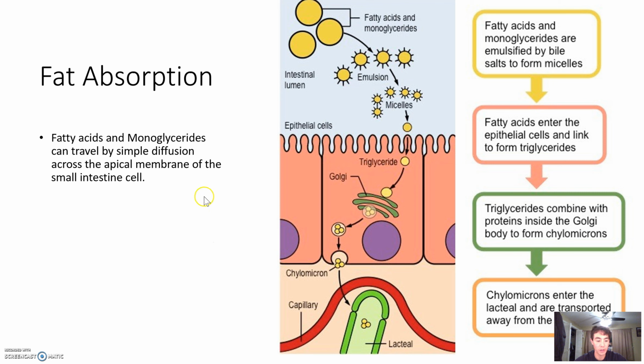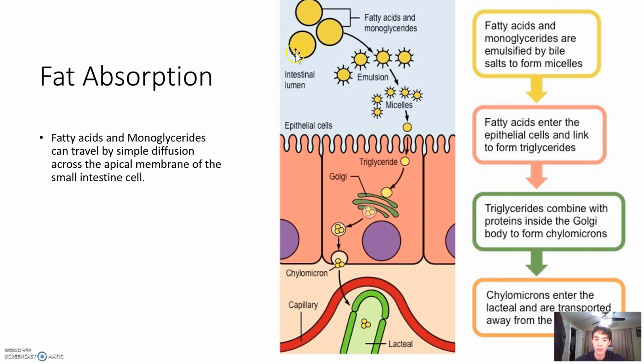This diagram over here illustrates how fatty acids and monoglycerides are packaged into micelles, and then they are released and absorbed into the membrane of the small intestine cell, and then the processes that occur following absorption.